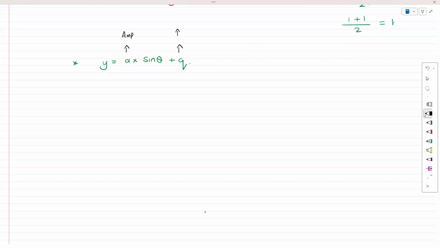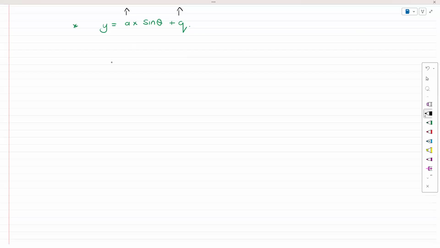Now, it is the up and down shift, right? So please understand it's the vertical shift. It's the up and down shift. If it's +5, it moves up 5 units. If it's -5, it moves down 5 units. So it's just the vertical shift. Let's go and explain it properly. Let's start with q since it's easy.